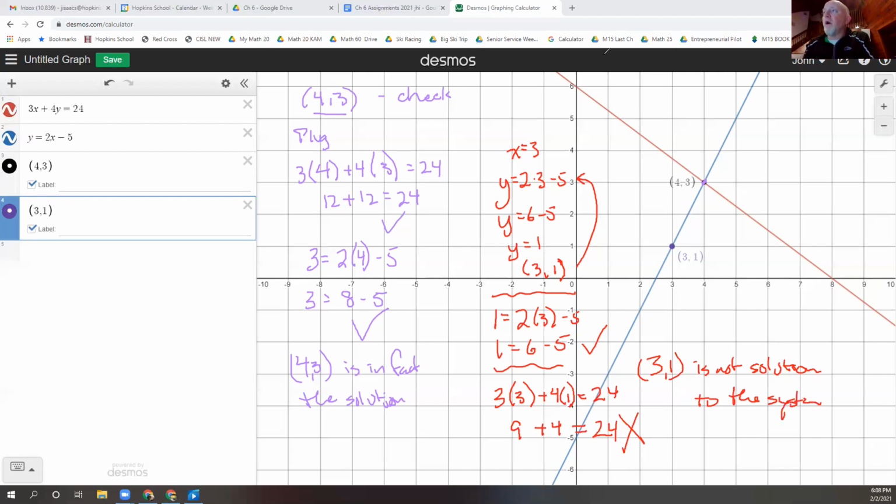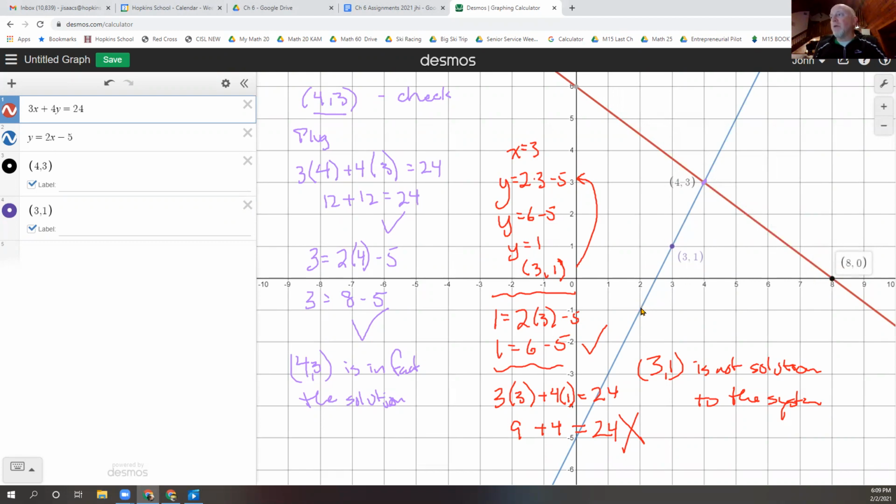So let me go off of the writing for a second. If I click on this line over here, the red line, notice that all of these values along here, for example, 8, 0, make the red equation true. If we plug in 8 and 0, 3 times 8 is 24, and 4 times 0 is nothing, so 24 plus nothing equals 24.